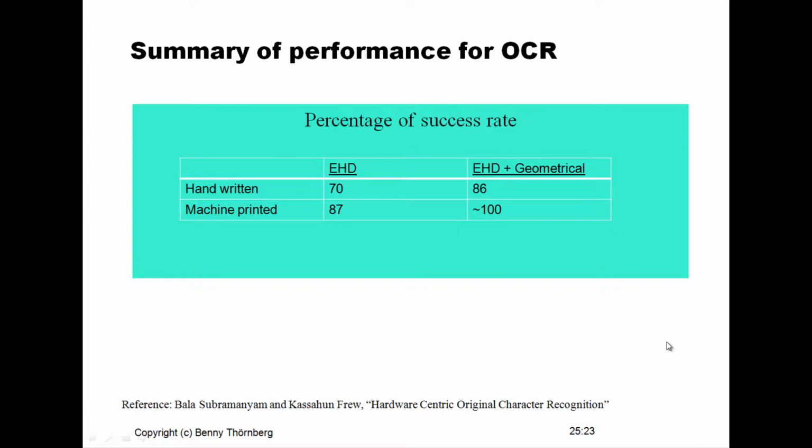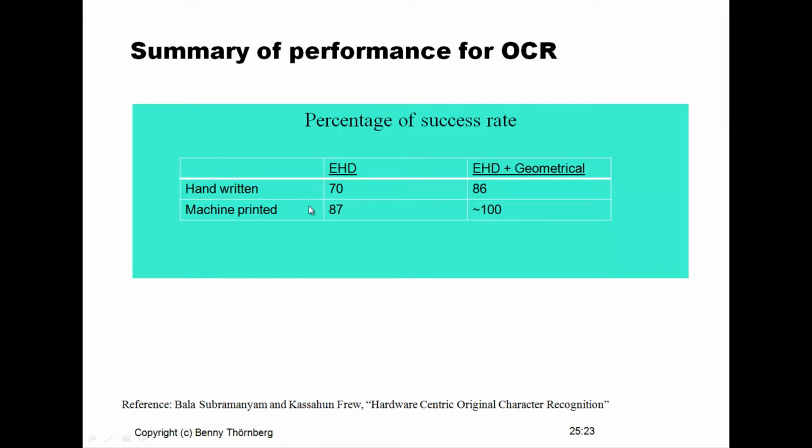And if you summarize the outcome of all the experiments that were made on this OCR system, we have this table here showing a summary. In the beginning, using only the edge histogram descriptor on handwritten letters, we achieved a success rate of 70%, and for machine printed letters correspondingly 87%.